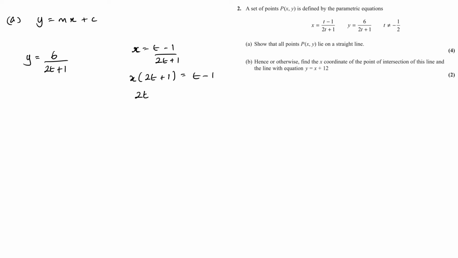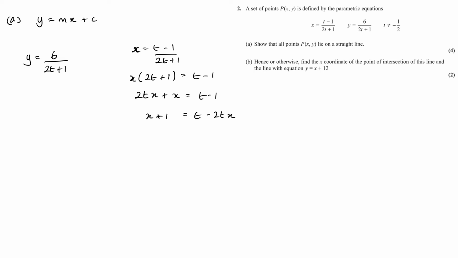So this is 2t x plus x equals t minus 1. And then we need to get the t's on their own. So I think I'll take them to the right. So t minus 2t x, and then there's x plus 1 on this side.